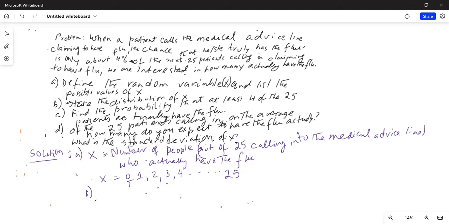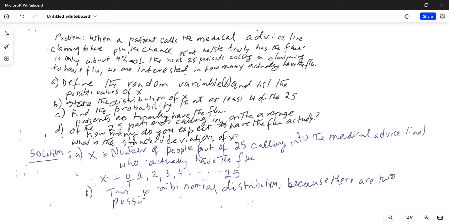Part B, state the distribution of X. This is a binomial distribution. Why? Because there are two possible outcomes.